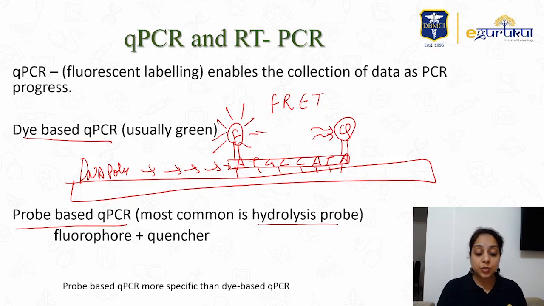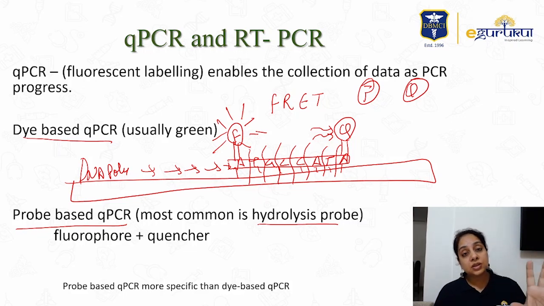This hydrolysis probe is going to be broken by the exonuclease activity. So the fluorescent portion and the quencher portion are just now floating in the solution. Now the fluorescent portion is fluorescing, but there is no quencher next to it for the quenching. It's dead now because the entire probe is broken down.